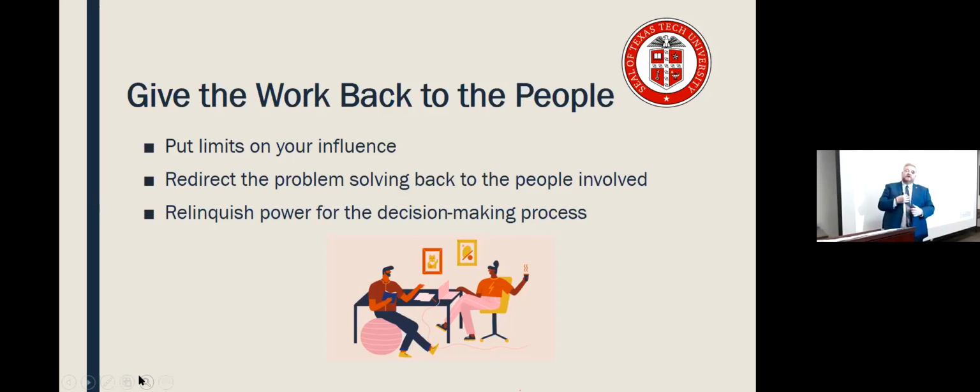When you put limits on your influence and the work that you're doing, this is also where you will experience the growth of your team. Your team gets to develop and change in their own way of doing things, and that's a positive thing. Sometimes this also reflects the problem solving back to the people involved.